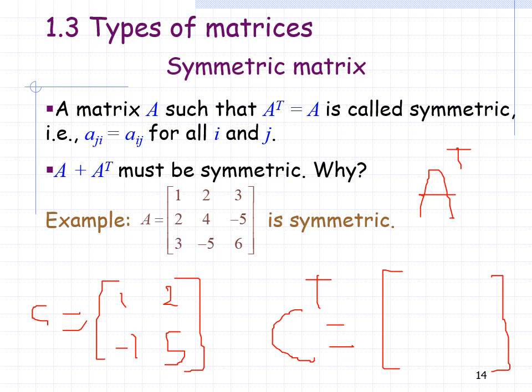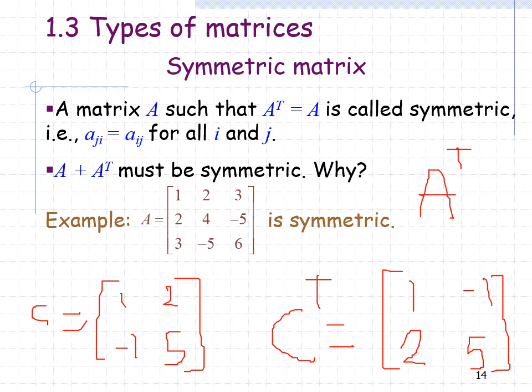So the first row 1, 2 will be the first column. So instead of being a row, it will be a column. The second row, negative 1, 5, will be the second column. So interchanging rows to columns will give us the transpose. Or the first column, 1, negative 1, will be the first row, and the second column, 2, 5, will be the second row.